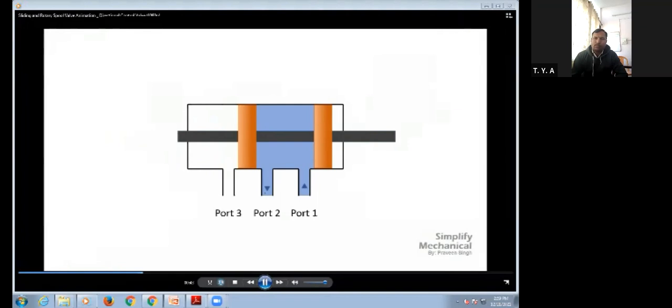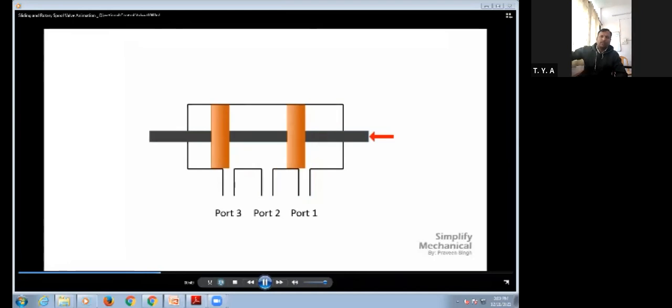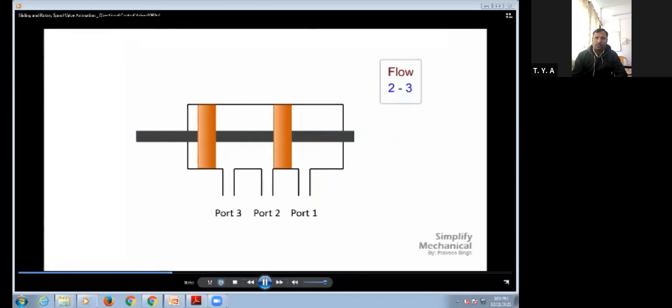You will come in from port 1 and port 2, you will go outside. When you move towards the left, that time from port 2 you will come, and from port 3 you will go outside. This is the direction.